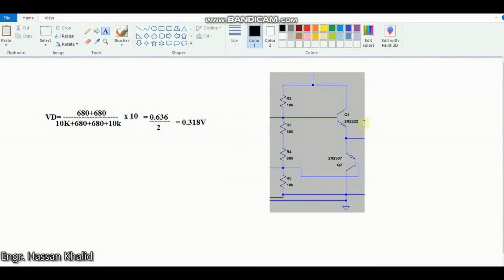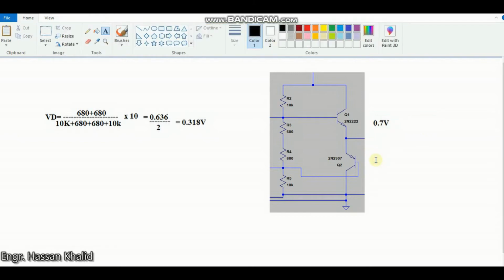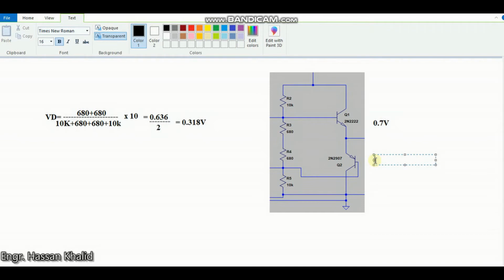So each transistor is having a silicon diode. That means the voltage drop across each of the diodes will be 0.7 volts. So I don't really think that the 318 millivolts will be sufficient to cause the conduction. That is why you are actually observing the crossover distortion over here, 0.7 volt over here as well.